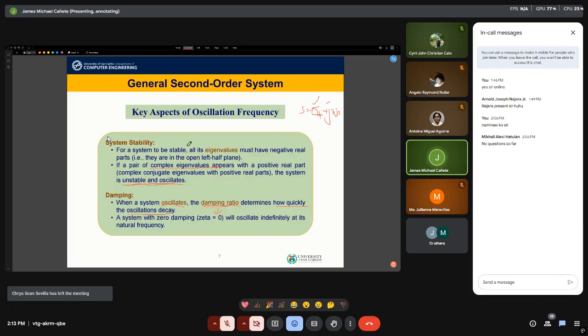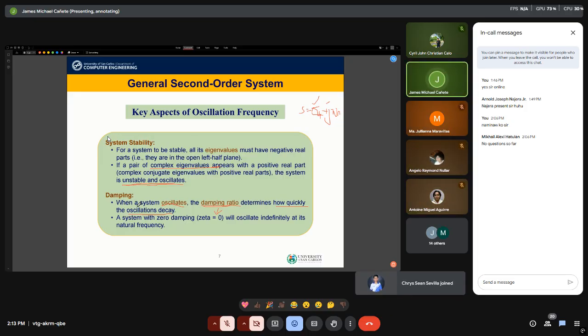More to explain about these two bullets. Damping, as the term relates to control systems, is how much we lessen the oscillation. A second order system may oscillate, so we use the term damping to define the concept where the oscillation is being lessened.